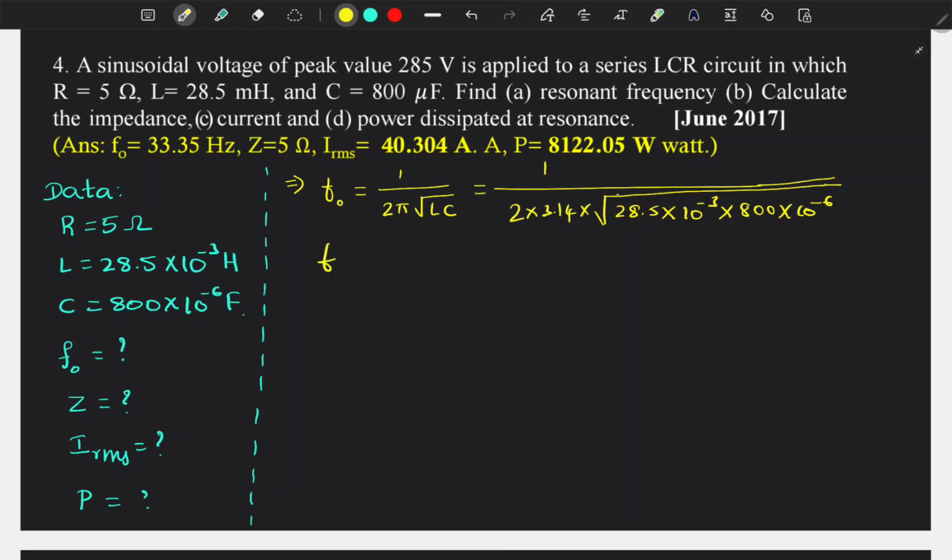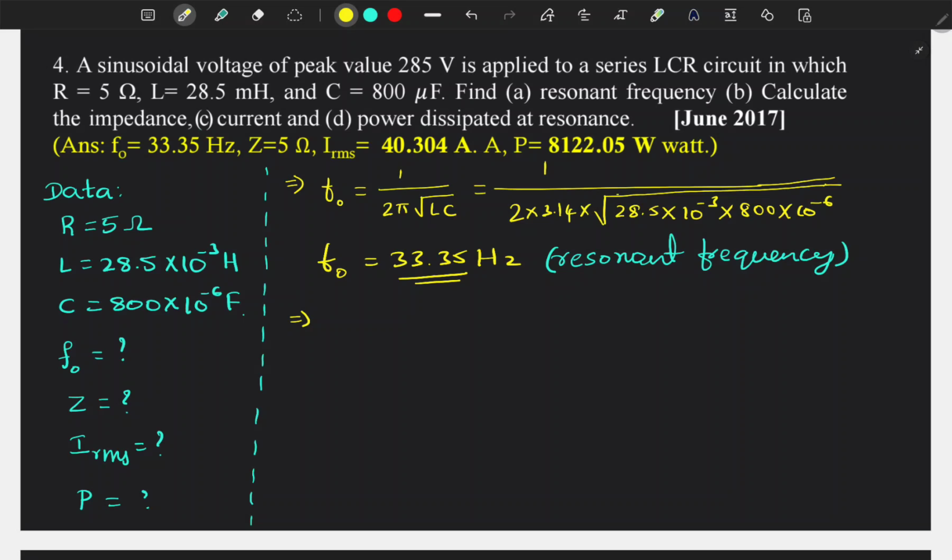And if you solve this, you will get F naught is equal to around 33.35 Hertz. So this is the resonant frequency.